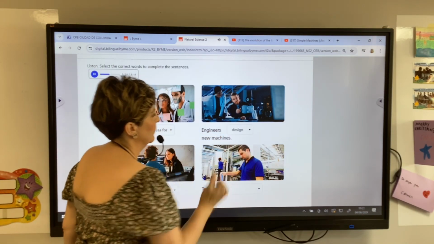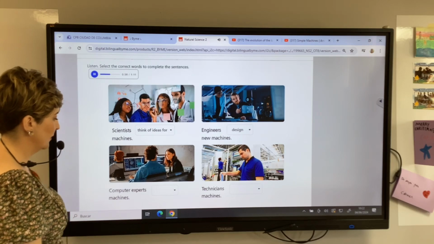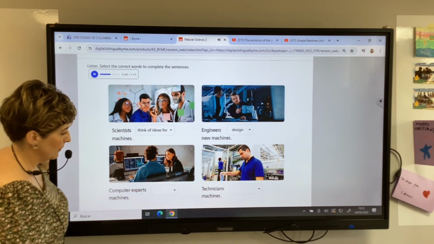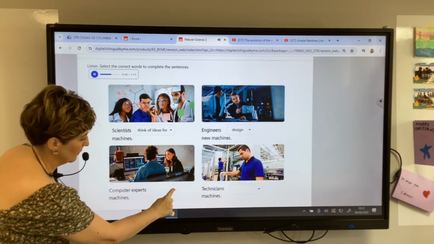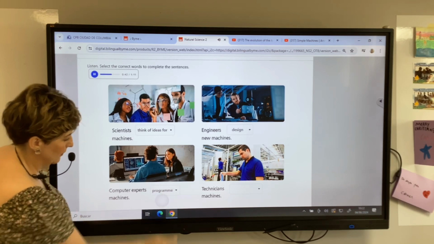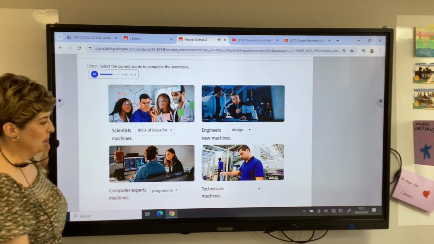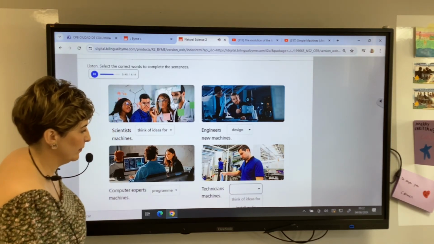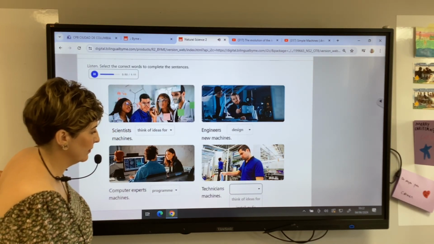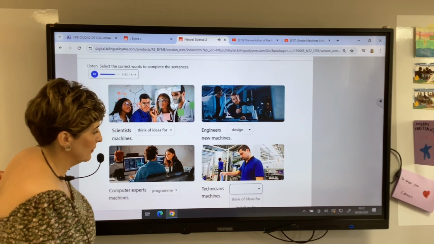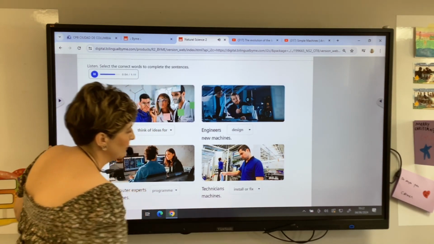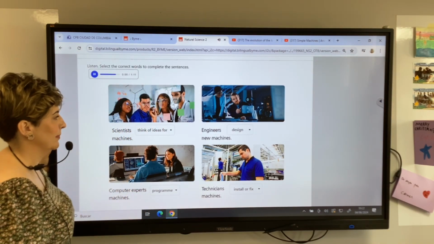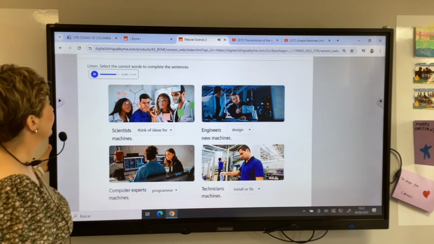But many of these new machines have computers. Yes, and we need computer experts for them. They program all the new machines. Interesting. But how do I get this new technology in my home, for example? Technicians. They are the people who install machines or fix them. Thank you very much for coming to talk to us about jobs in technology.